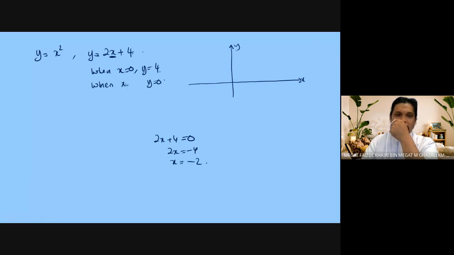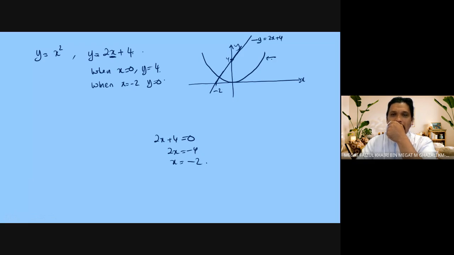So x equal to negative 2. So 0 and 4 above here, and then negative 2, 0 somewhere around here. This is y equal to 2x plus 4, and this is y equal to x squared.